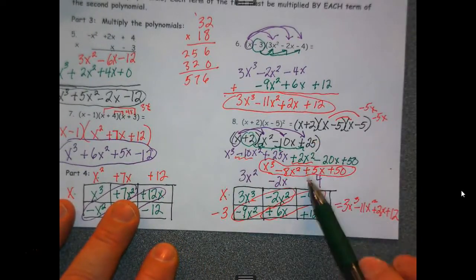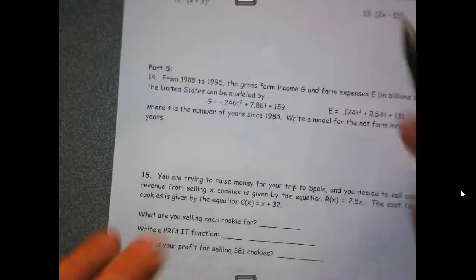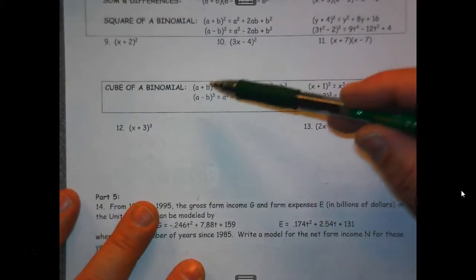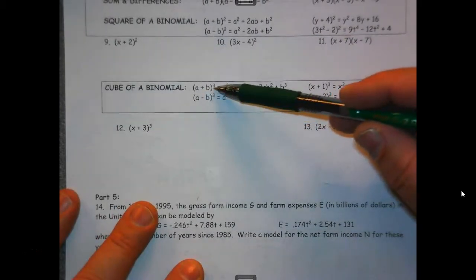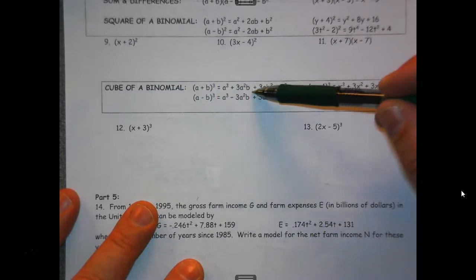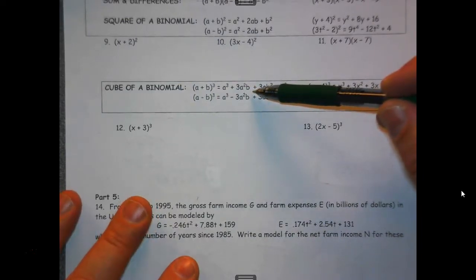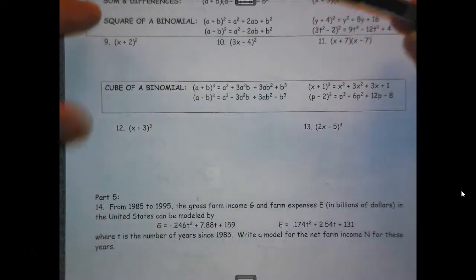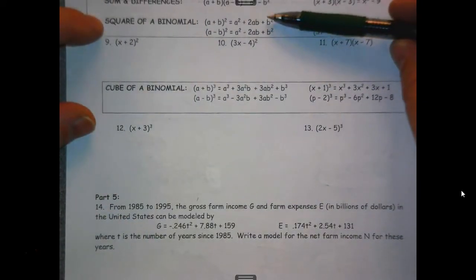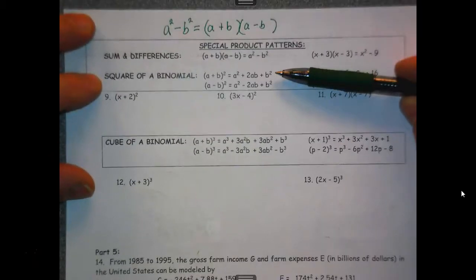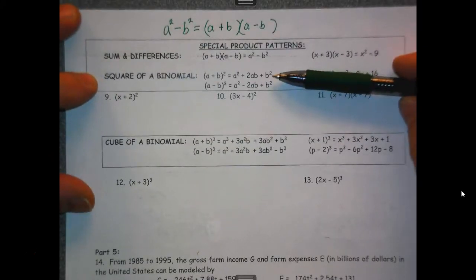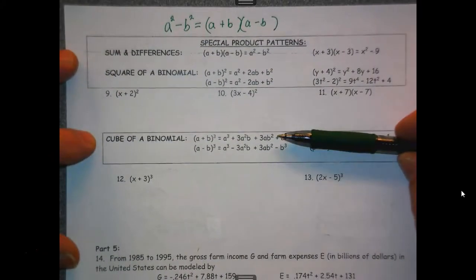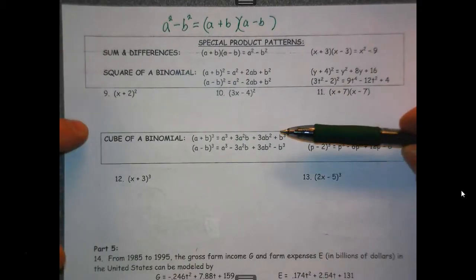Well, we do have some pattern formulas or special formulas that we can go directly from the factored form, a plus b cubed, and go directly to the product form. So we're going to start out by using quadratic patterns. Then we'll go into the cube patterns because it's confusing.